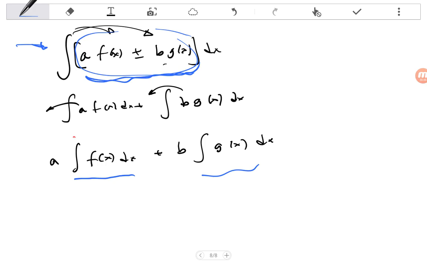If it is not inside the table, I will, from my mathematical skills, try to put it as an addition of rules that are inside the table. Okay? What do I mean by that? For example, if I have this problem, integration of 2x cubed plus 4 over root x. This is not inside the table.